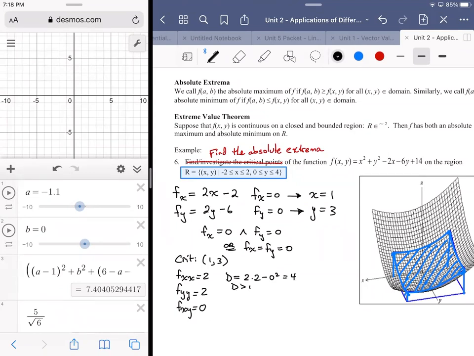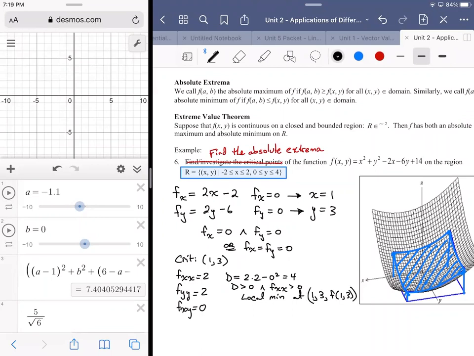So D is positive, and f sub xx is positive. So we're dealing with a local minimum at (1, 3), and I'll write it as f of 1, comma 3.